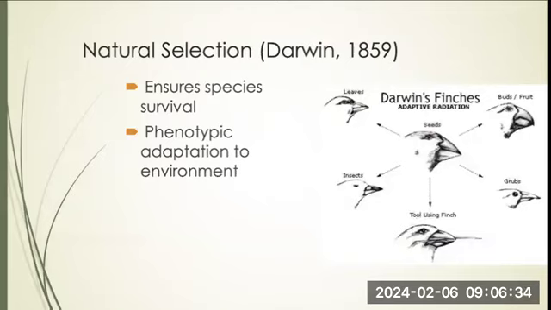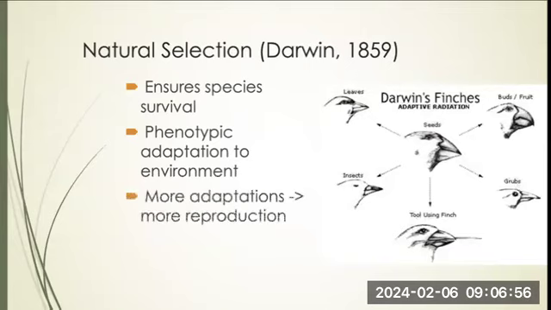They did not survive the environment. And so you can see here that the beak shape and size really depended on what food was available: leaves, insects, seeds, buds, and grubs. The shape of the beak all differed. And that was what we call phenotypic adaptation.